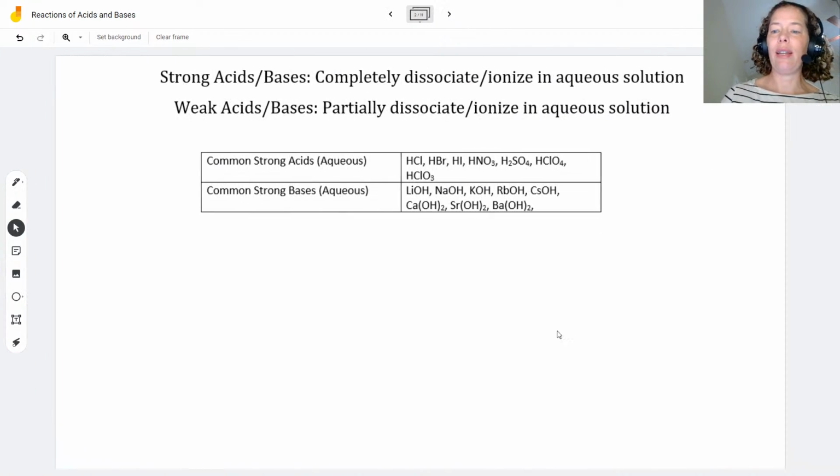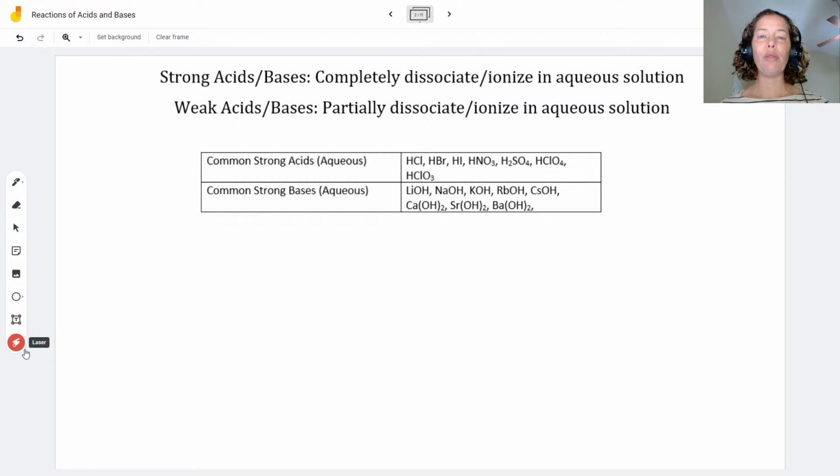Okay, here we go. The first thing I want to talk about is the difference between strong and weak acids and bases, because many people get this confused with concentration or what the pH of the solution is. But it actually has to do with how it acts in aqueous solutions.